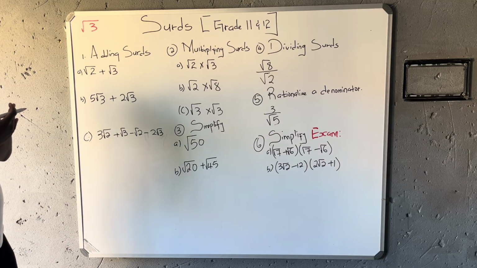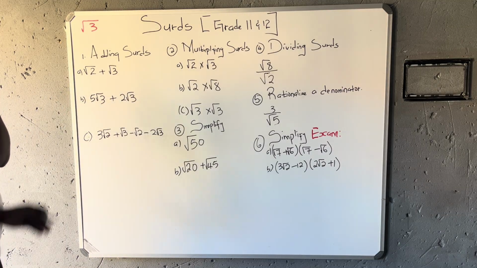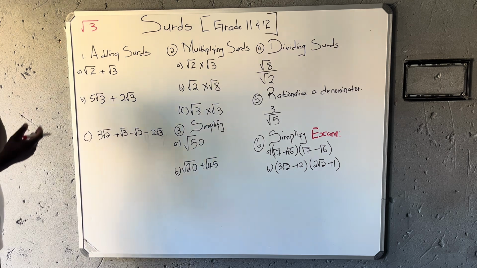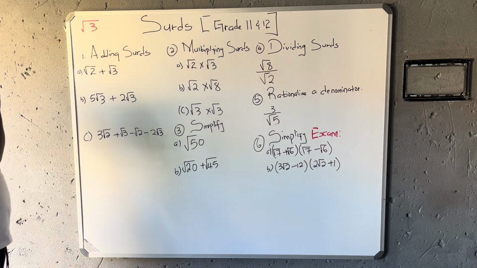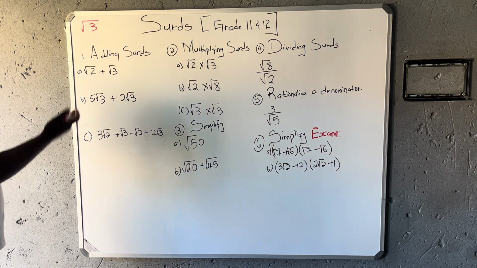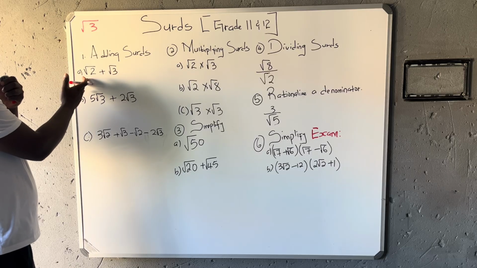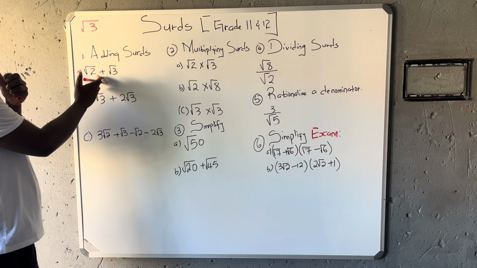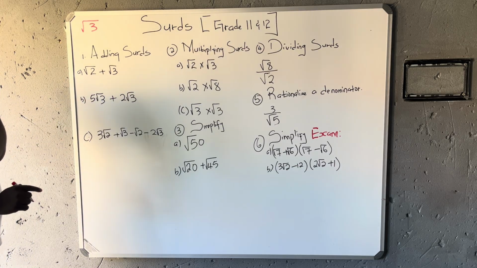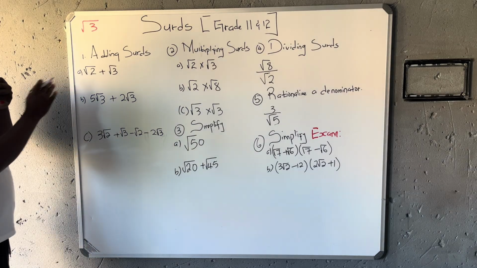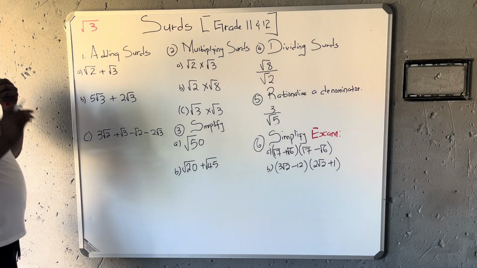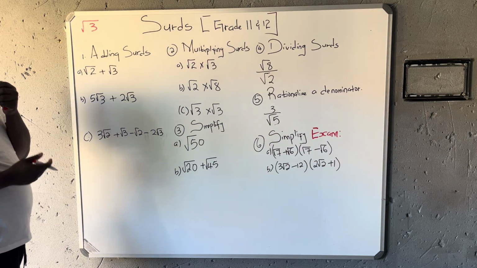This is where most learners make a lot of mistakes, which we consider to be misconception. We've got a square root of 2 and we must add square root of 3. Consider this. When adding sets, you must think of like terms of variables.